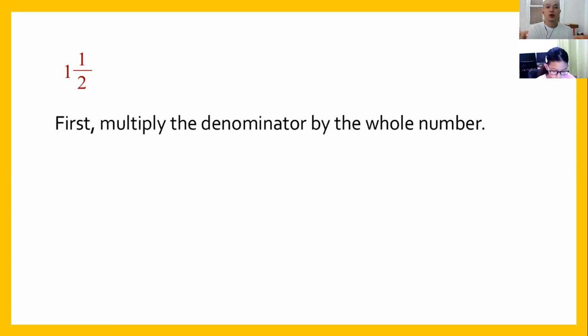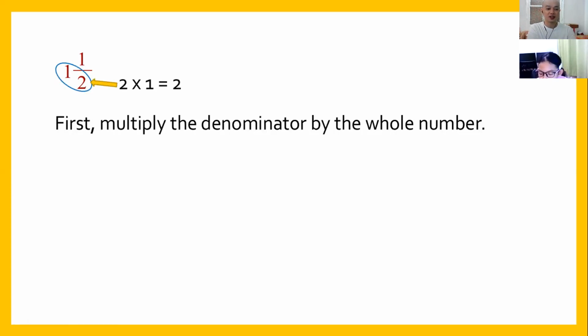First, you have to multiply the denominator, the number below, by the whole number or the integer. So it's like this: 2 times 1 equals 2. That's the first step, okay?